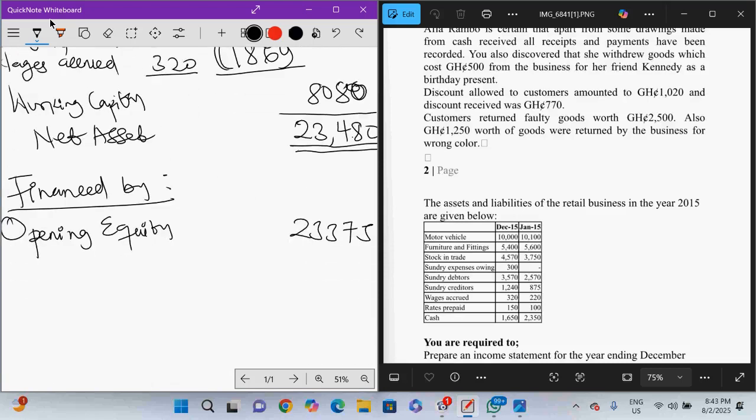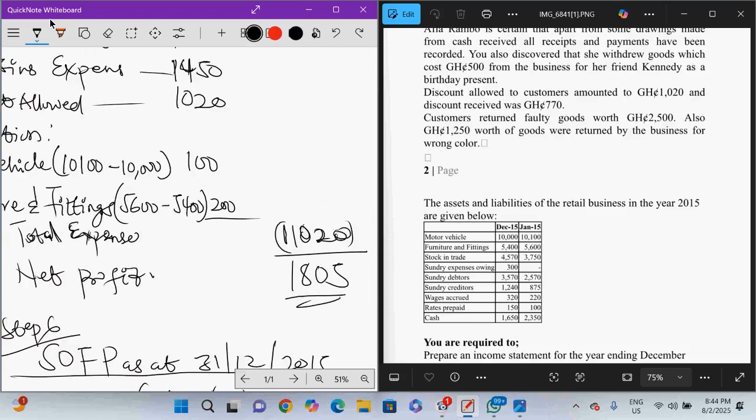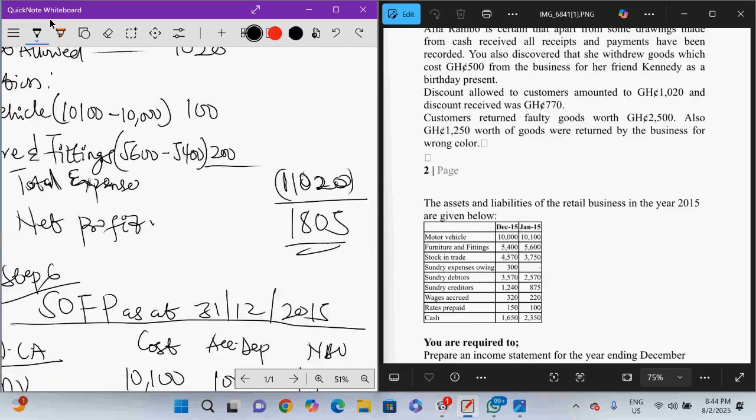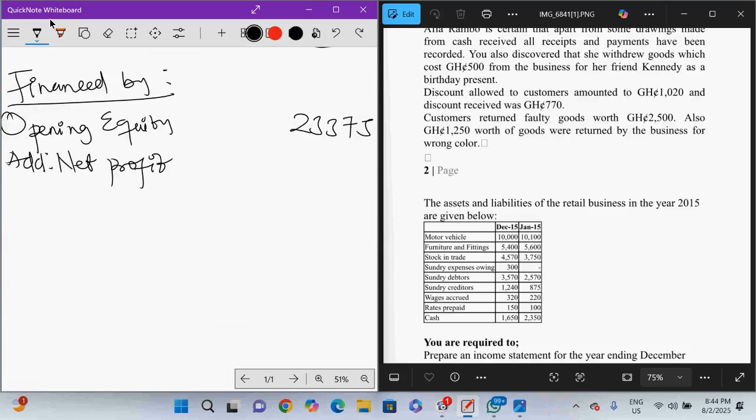Then add what? Net profit. If you add the net profit, how much did you get for the income statement? 1805. Then we left the drawings.